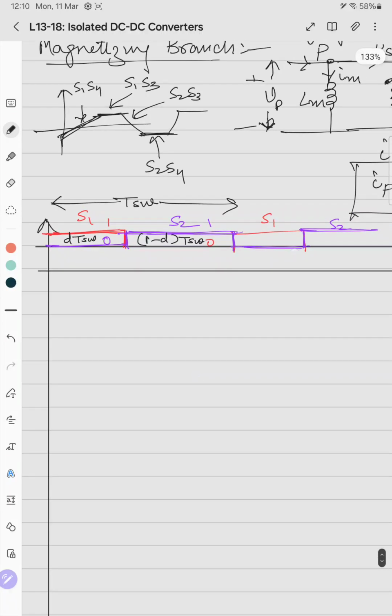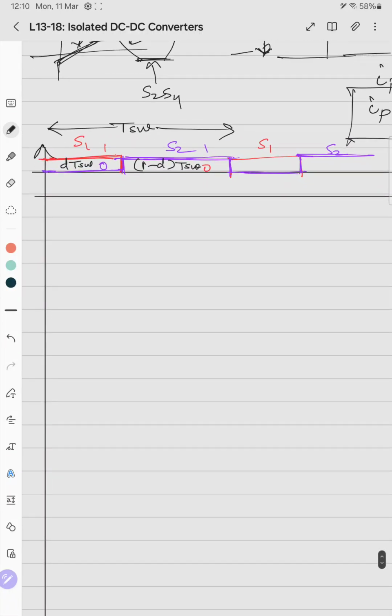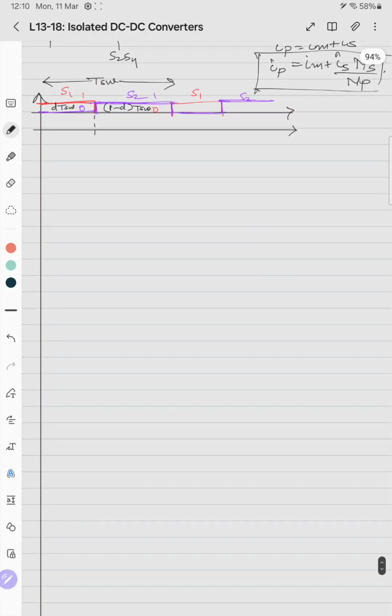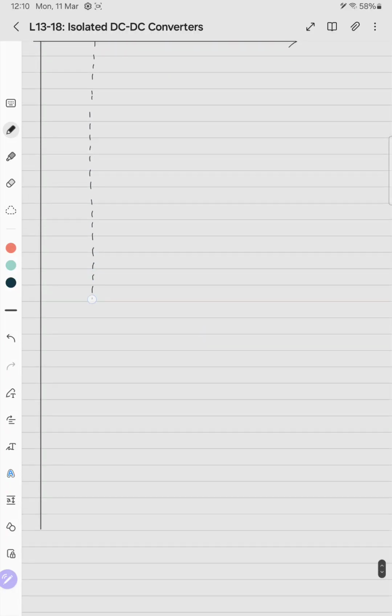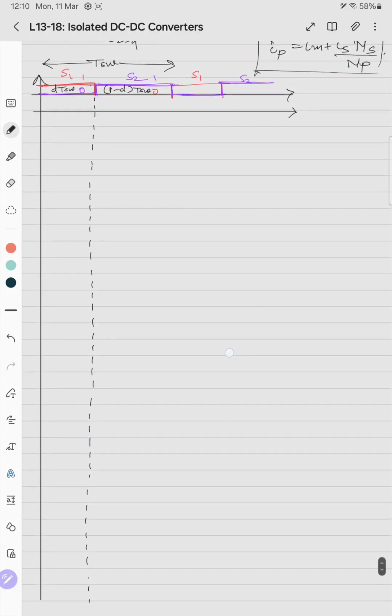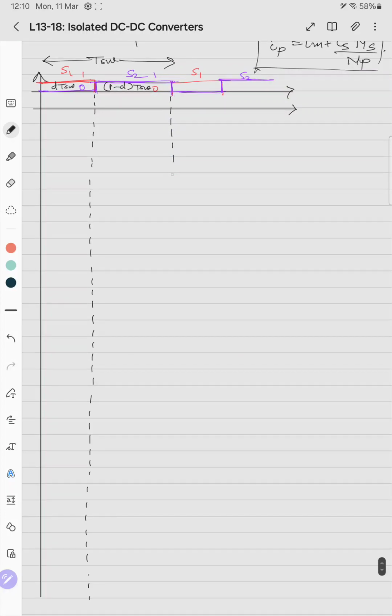Okay, I think there is a need to draw T switching by 2, because we are doing the unipolar PWM technique, not the bipolar one. For the half bridge there was no need to draw the T switching by 2, but here there is a need to draw.